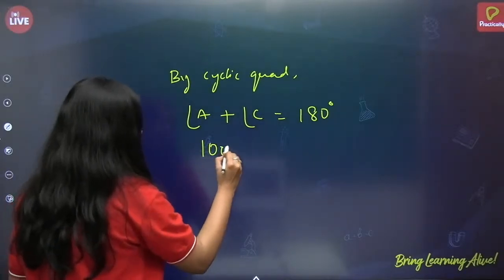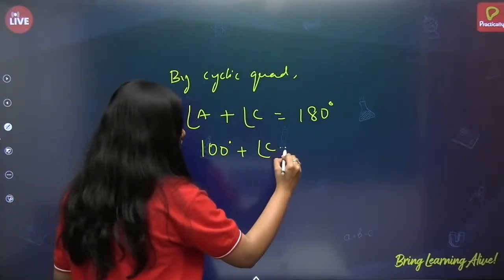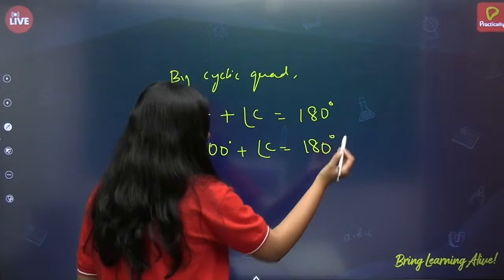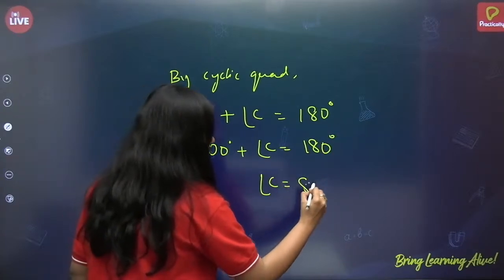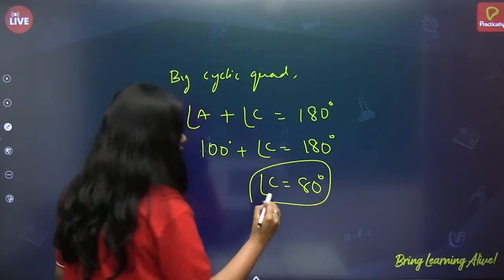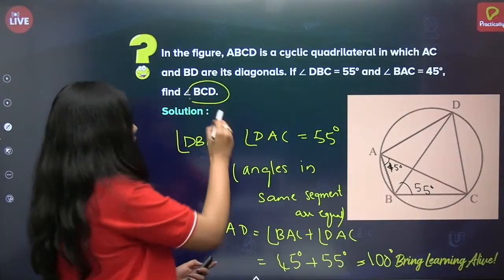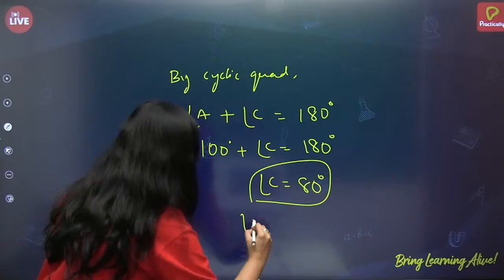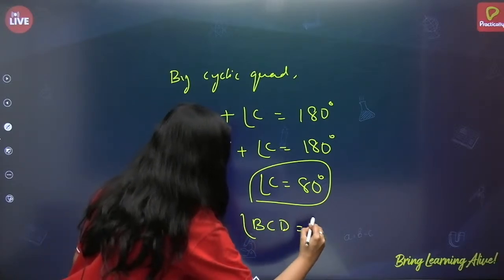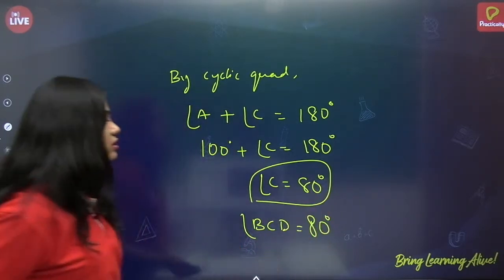So 100 degrees plus angle C is equal to 180 degrees. Angle C is equal to 80 degrees. That is what they have asked us in the question, that is angle BCD, or angle C. That is, angle BCD is equal to 80 degrees.